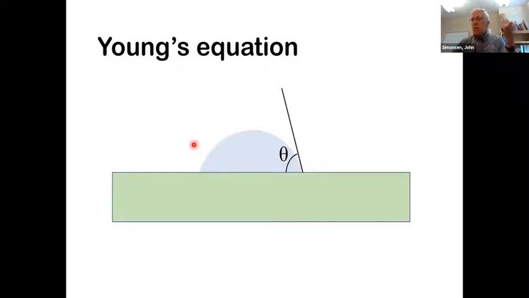This doesn't look quite symmetrical to me, but that's because of my lack of skill as an artist. You take the tangent to the drop at the surface and draw a line. And the angle here, almost always called theta, is the contact angle.